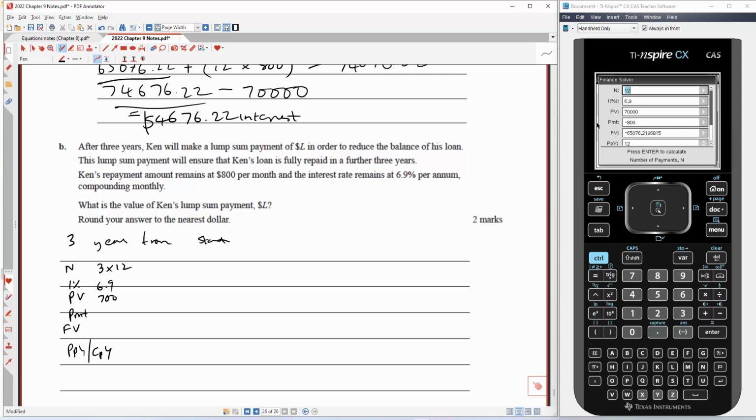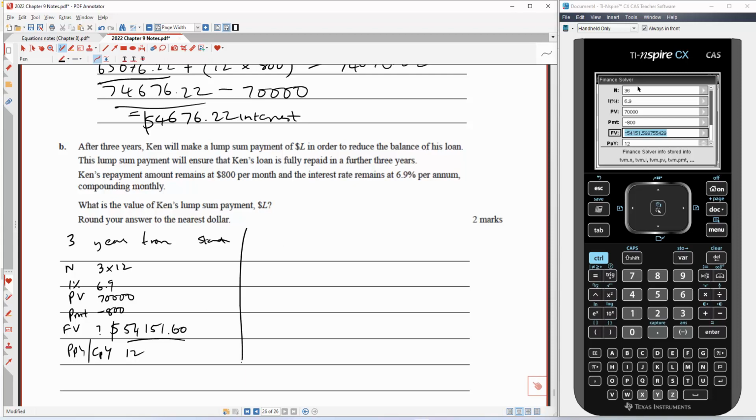The loan was 70k, payments was, what was it? 800, I think. Yep. The future value, that's what we're trying to find out when we're doing this 12 times a year. Okay, so let's change that, which I think is the only thing I need to change. 3 12s are 36. Okay, so basically he still owes $54,151.60. Okay, so that's what Ken owes.